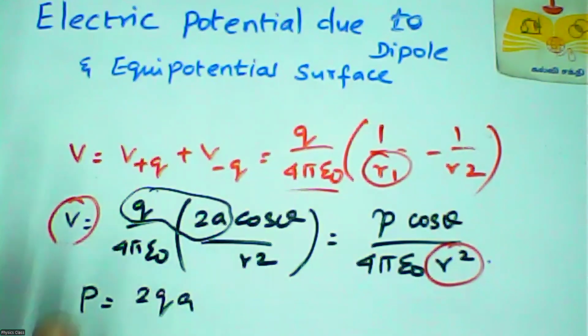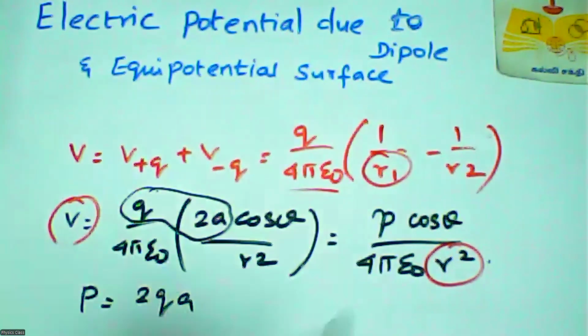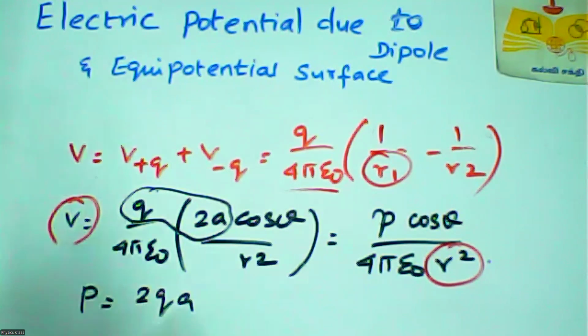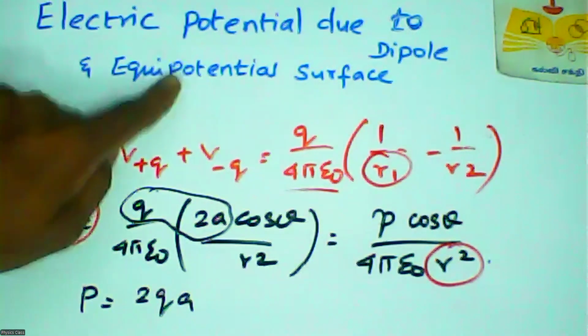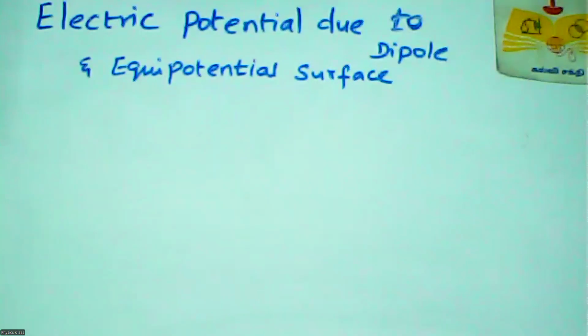Now, these are all for the electric potential due to dipole. Note the important equations, formula. Now, let's talk about a special case, that is equipotential surface. Before that, we can see one simulation, one animation for that electric dipole.